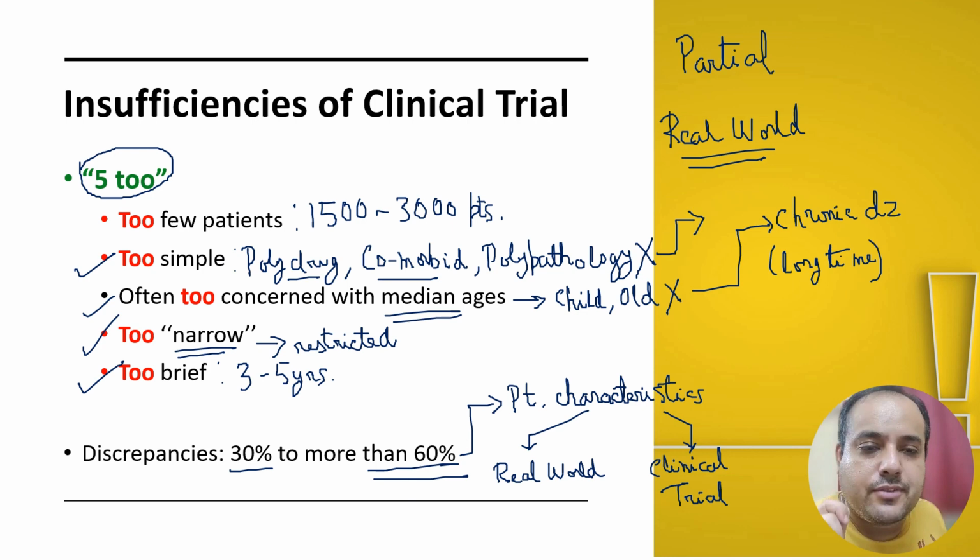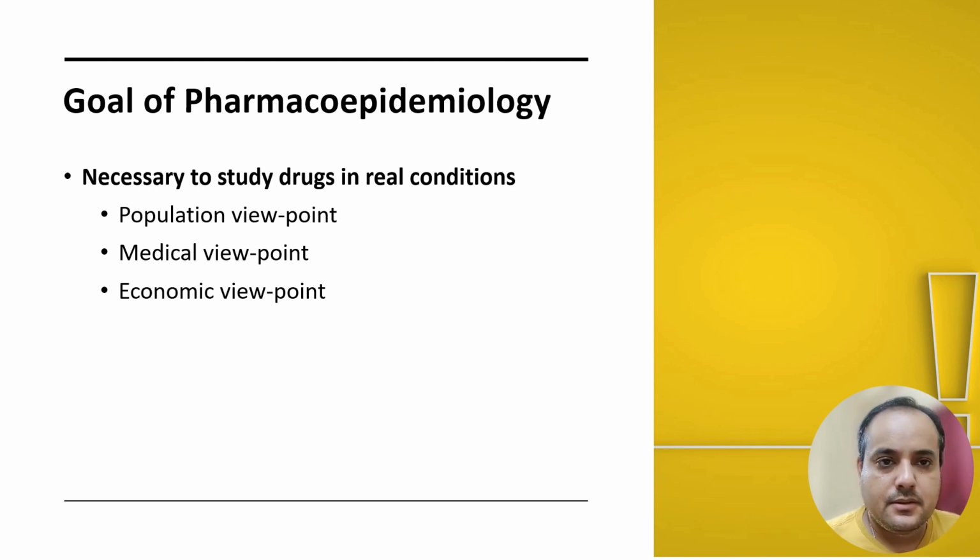It is going to evaluate the drugs in real world scenarios. So now, if the data has got 30 to 60% discrepancies, then you all will agree that we need to study the drugs in real life situations.